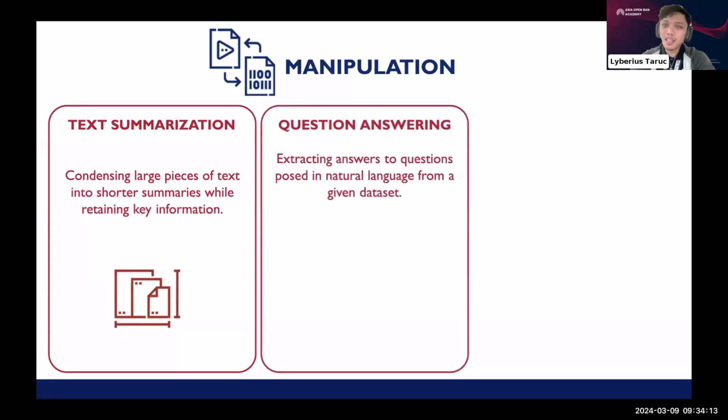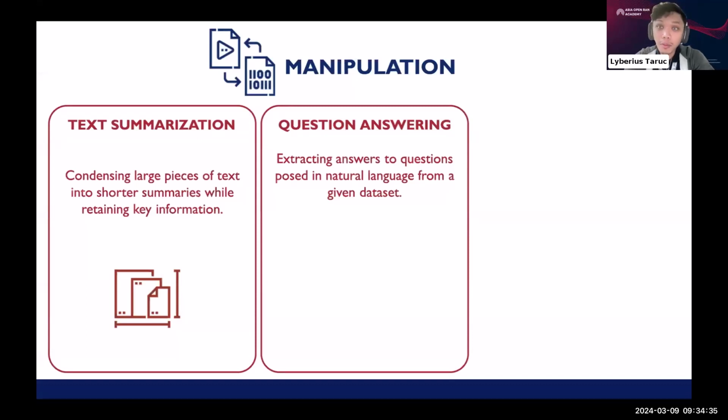Another use case, of course, the very obvious one, is question answering. I was able to find a tool normally used for academia. It's called, I think, Chat PDF. So notice the play on words there. In this application, you get a PDF document of, say, a journal or a research paper.